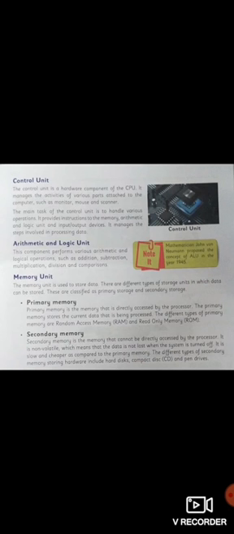We can relate this with a human brain as well. As we know, a human body comprises various parts like hands, legs, nose, head, mouth, lips, ear, right? The movements for all these body parts are controlled by the brain.